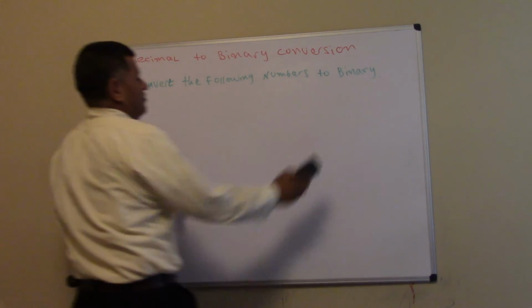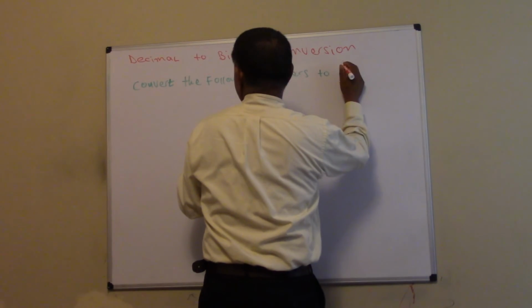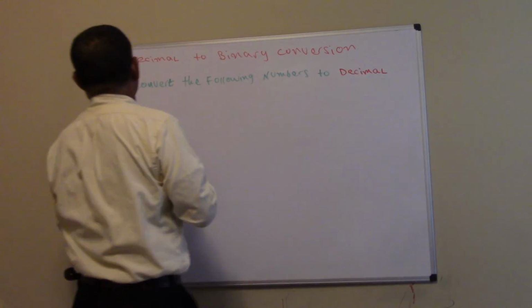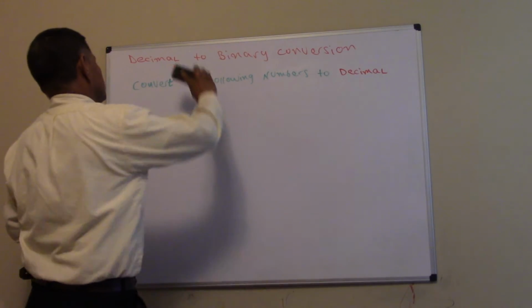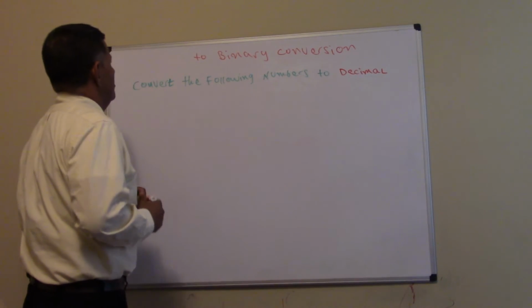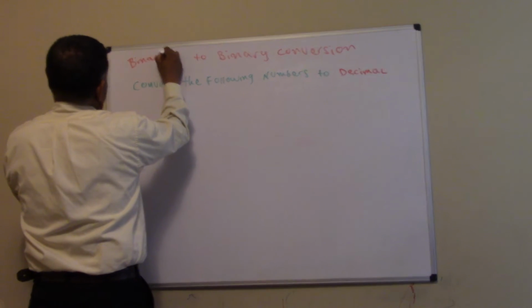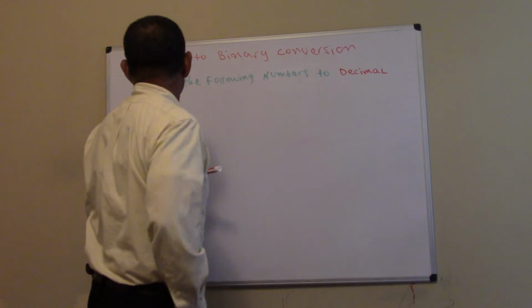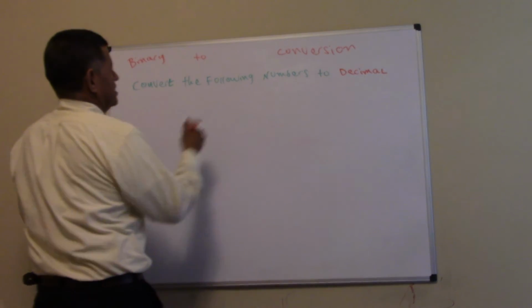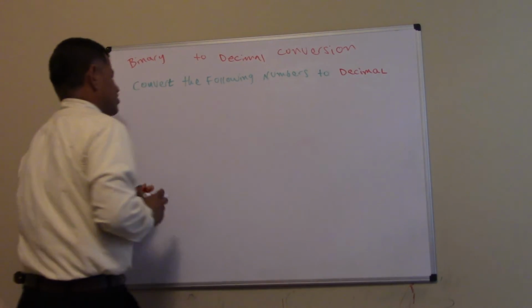Let's convert the following numbers to decimal now. Here I can change this to binary, because now we're doing binary to decimal conversion.